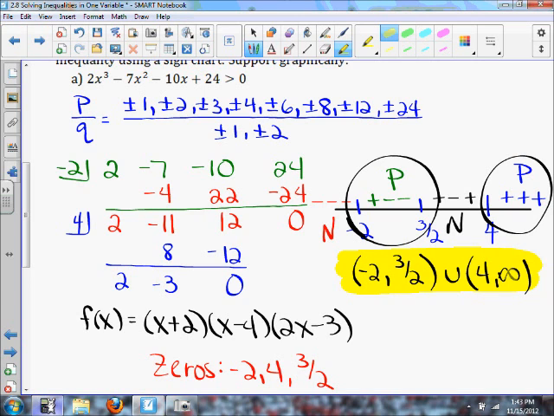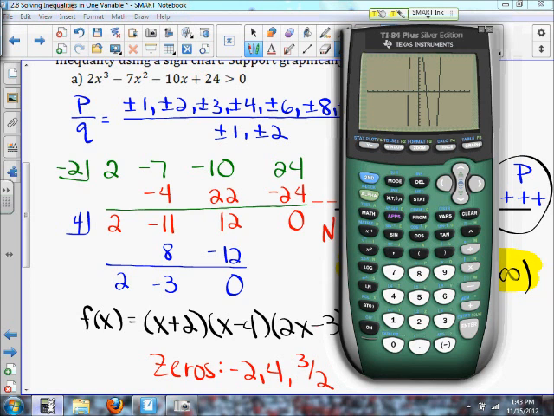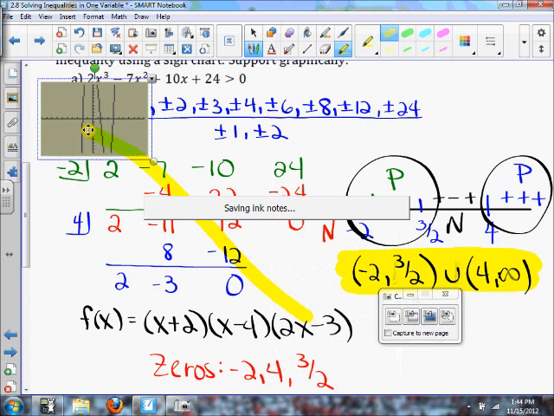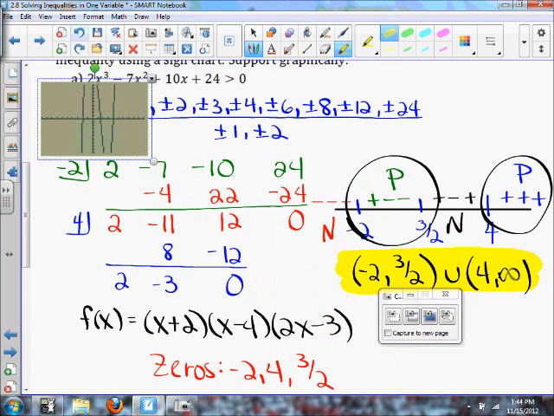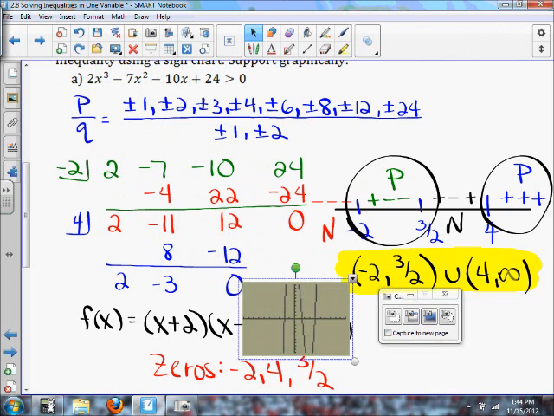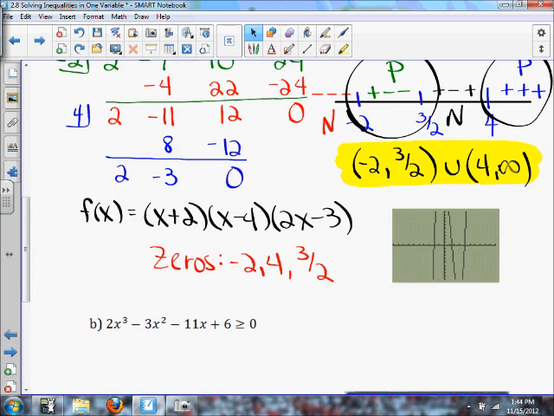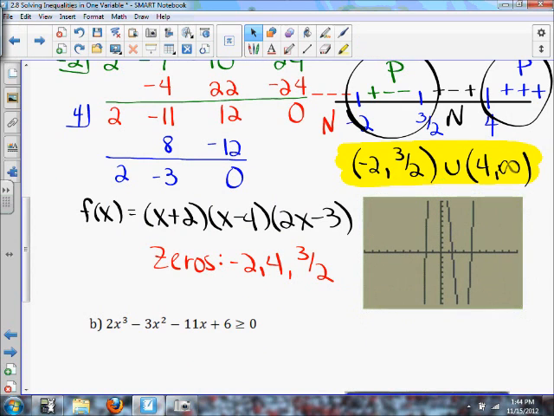Now we can see that on the graph here also. I'm going to take a picture of it. We're going to draw on this. So again, it's greater than 0 here and here.